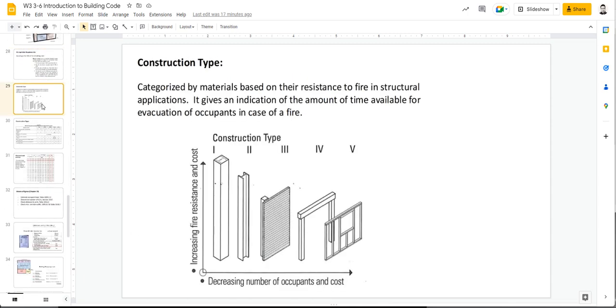Now let's talk about construction type. Construction type is basically how you are going to build the structure, and we're talking about the structural components. Are you building the structure using wood? That will be type 5. Or are you building the structure out of timber, or lumber with a nominal size bigger than 4 inches or something like that?